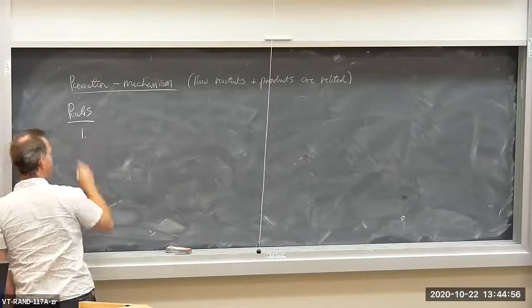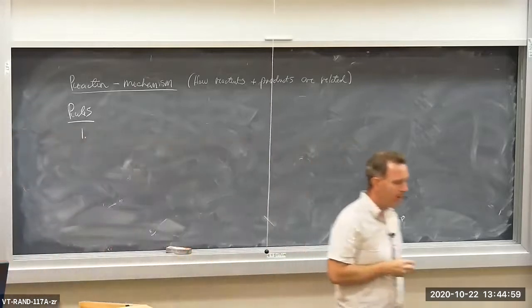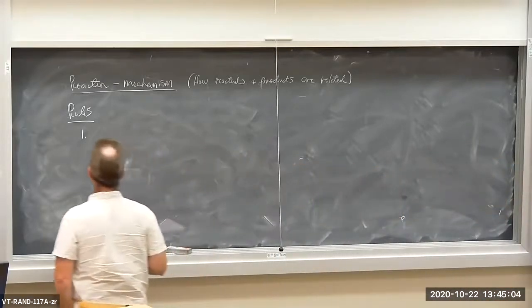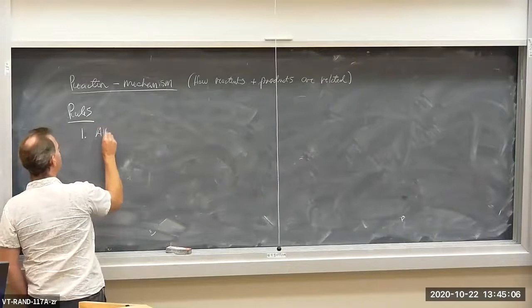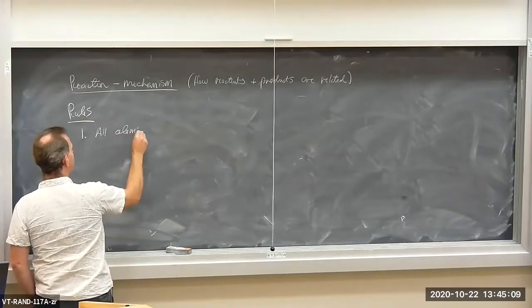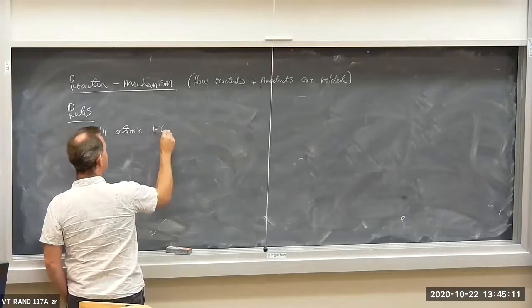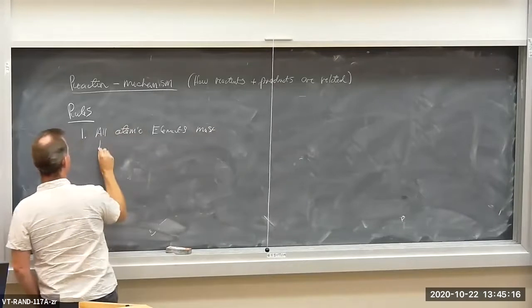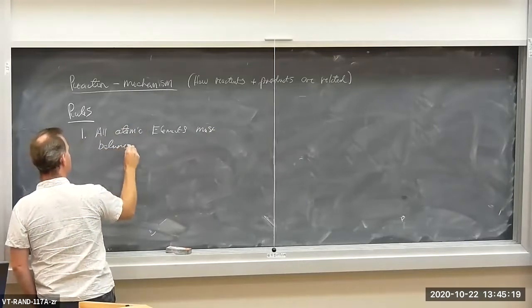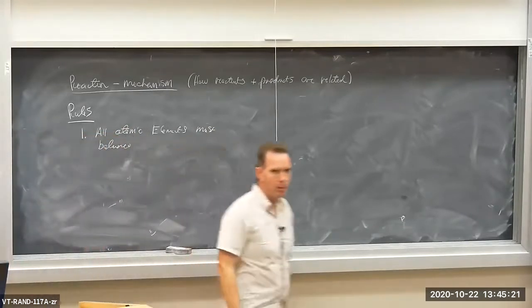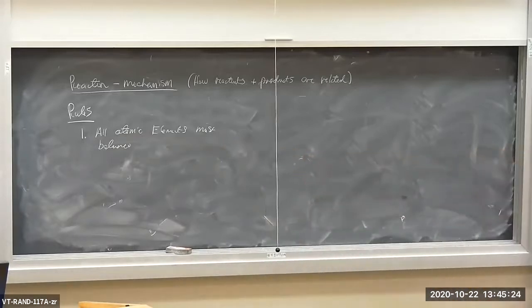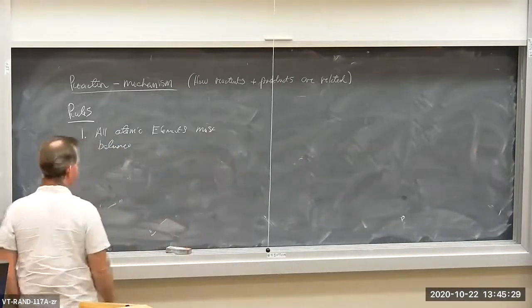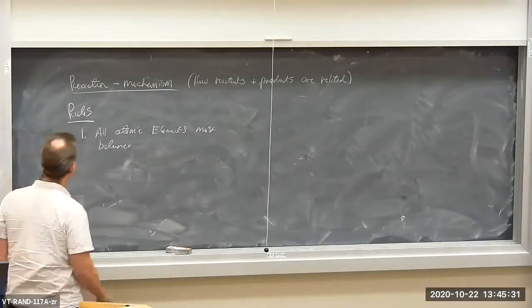Number one, the reaction mechanism or chemical equation, if you like, all atomic elements must balance. So I'm going to write an equation here in a moment relating the products and the reactants, and in an atomic sense, the atoms must balance. It must be a chemically balanced equation.